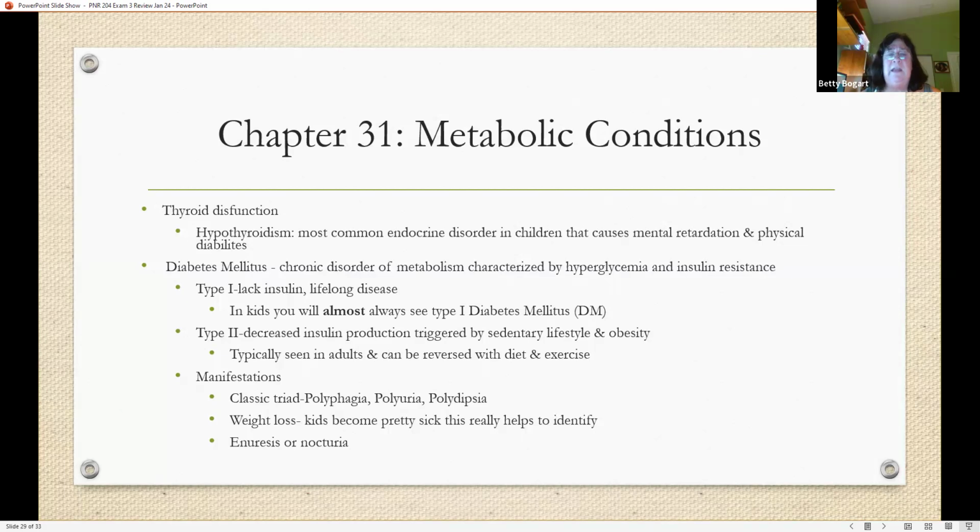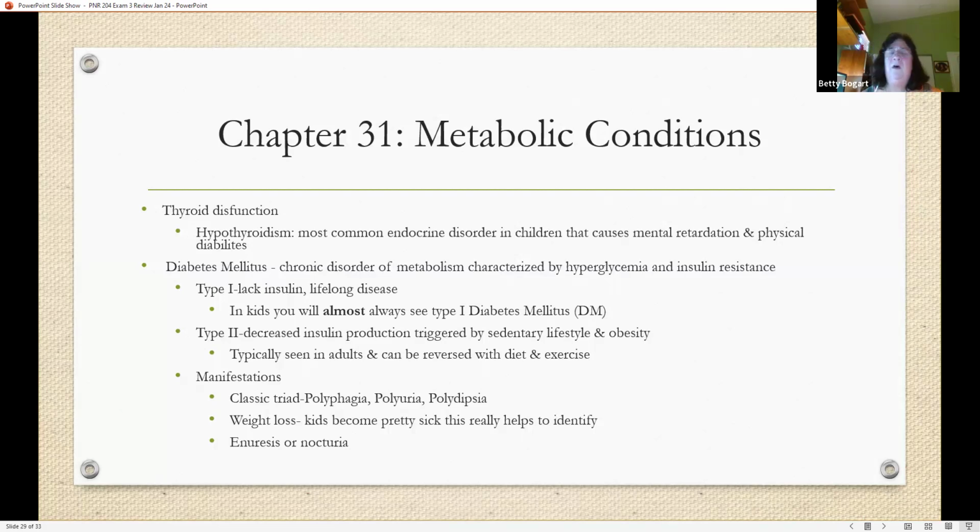They're going to need insulin for life, okay? In type 2, if it's due to being overweight and sedentary, they're going to change their diet and add some exercise. They can stop this type 2 diabetes just from being healthy.